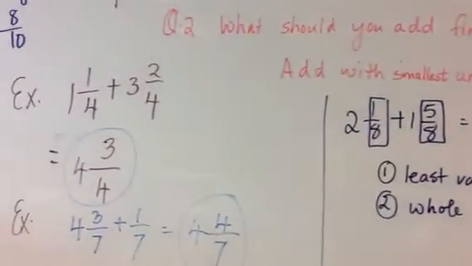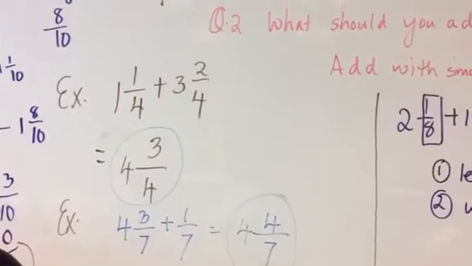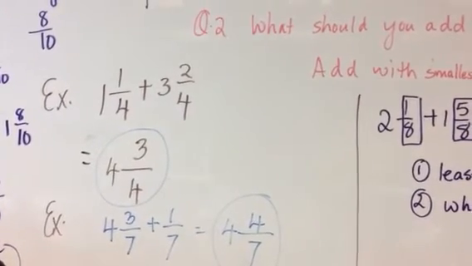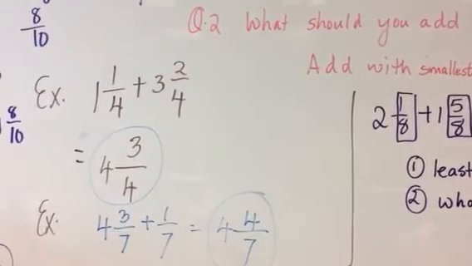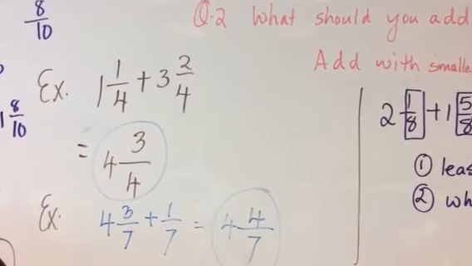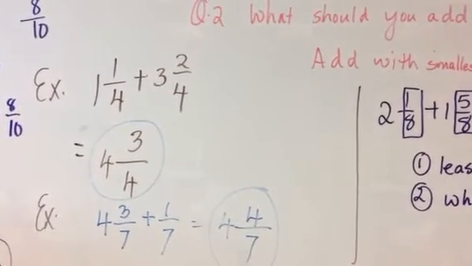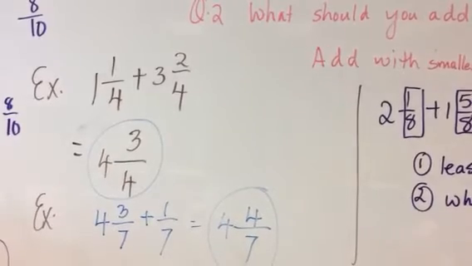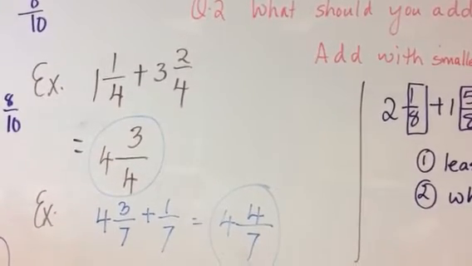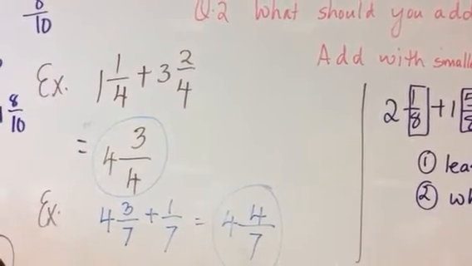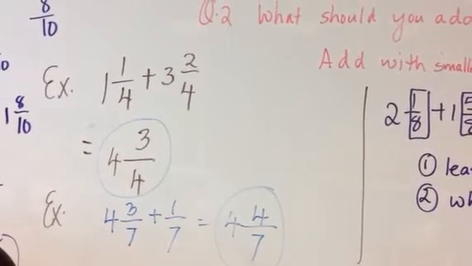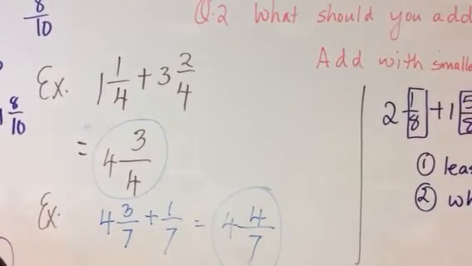Another two examples. Example 1 1 over 4 plus 3 2 over 4. So you will add the least value first, that is 1/4 plus 2/4. 2 plus 1 is 3 and the denominator remains the 4, and 1 plus 3 is 4. So the answer is 4 3 over 4.